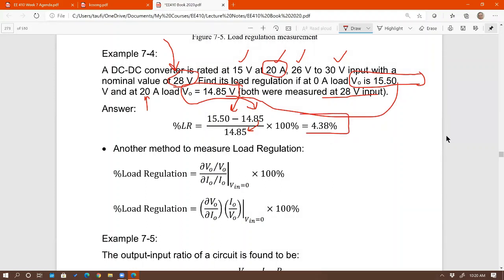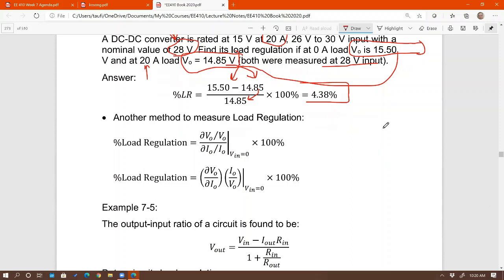Any question on that one? All right. If not, then just like line regulation, can you predict load regulation? The answer is yes. The equation I gave you earlier for load regulation can only be used if you have the prototype in front of you, so you can go to the lab and test it, or you have the DC to DC converter that you purchased and you can do the test.